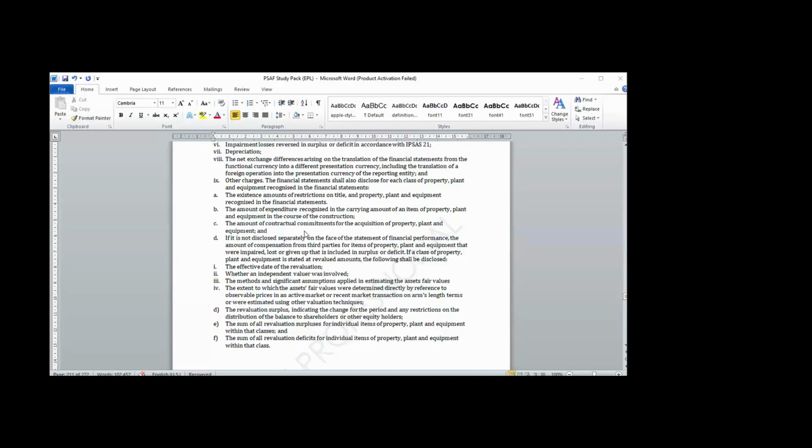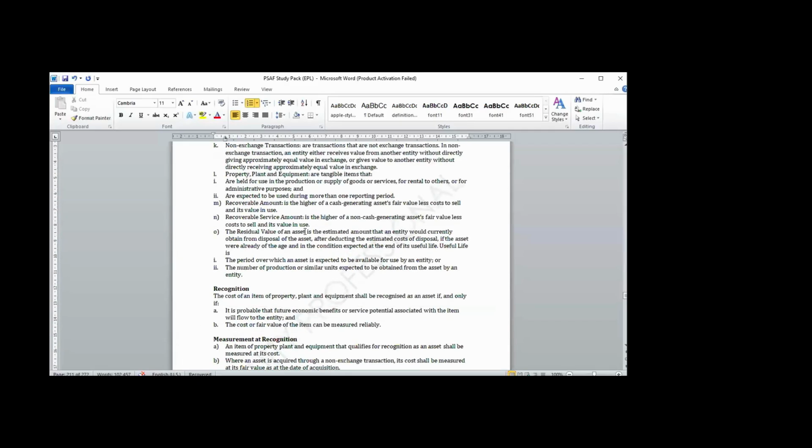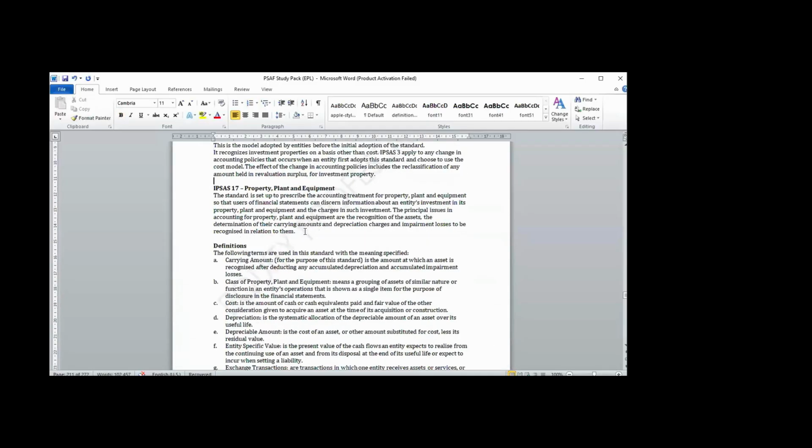Now, when we look at it from here, all the terminologies, we need to have an idea of those terminologies. Before now, we might have seen all these. They are not new to you. Now, look at it. This standard is set up to prescribe the accounting treatment for property, plant, and equipment, so that the users of financial statements can discern information about an entity's investment in its property, plant, and equipment, and the changes in such investment.